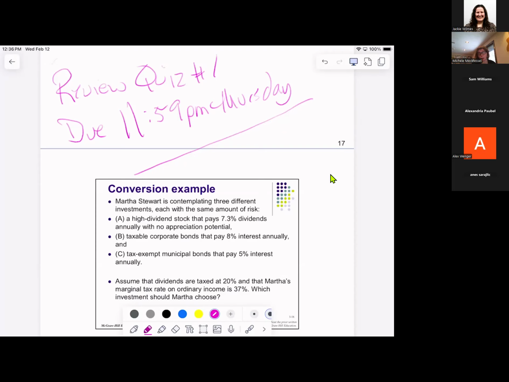It's 10 multiple choice questions. You'll be able to upload either pictures of your quiz or upload files. And if you have any questions or issues as you're trying to figure out how to upload, absolutely shoot me an email.